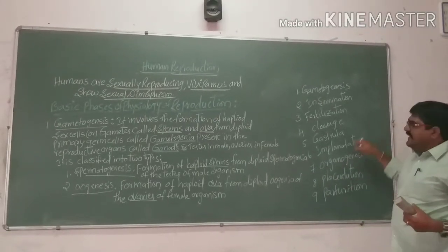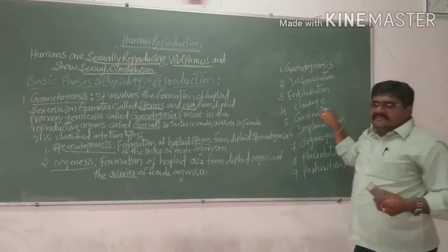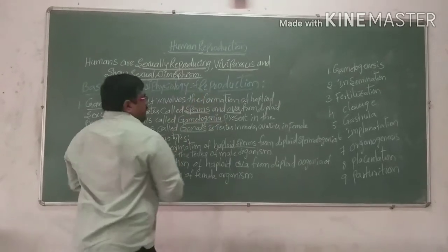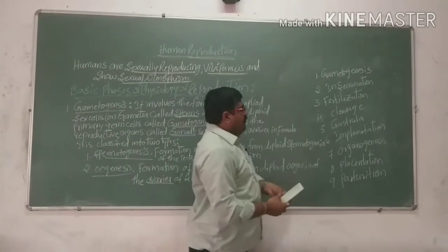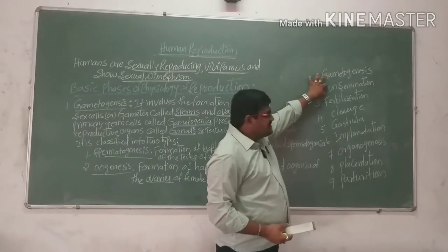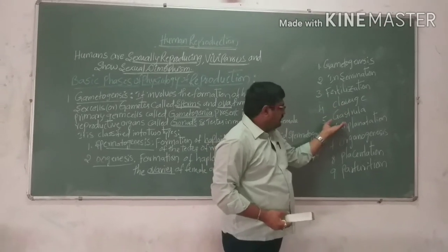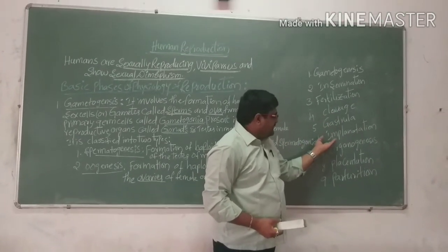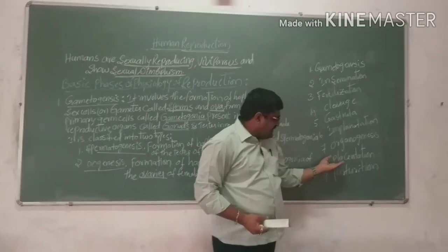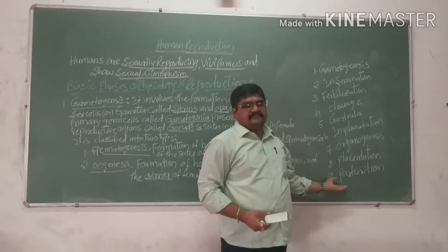So these are the several sequential steps that take place in the basic physiology of reproduction. The first is gametogenesis, second insemination, third fertilization, fourth cleavage, fifth ejaculation, sixth implantation, then organogenesis, placentation, and lastly parturition.